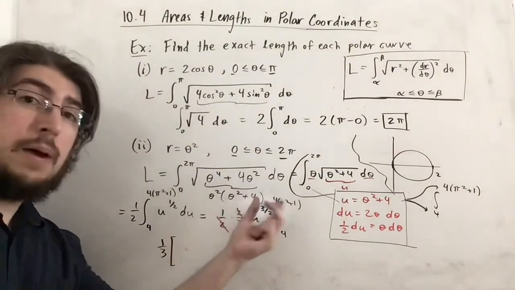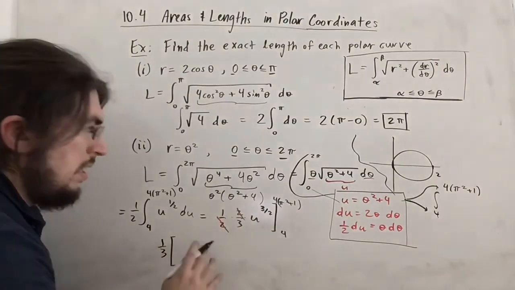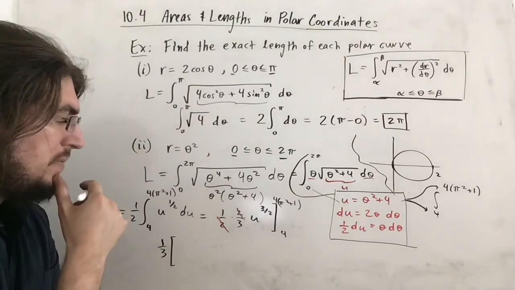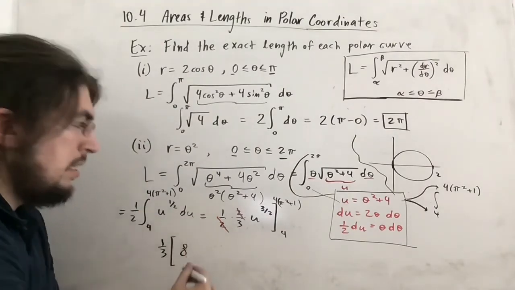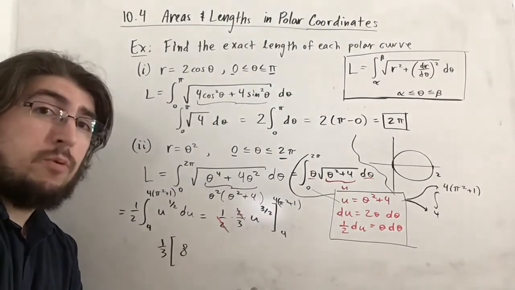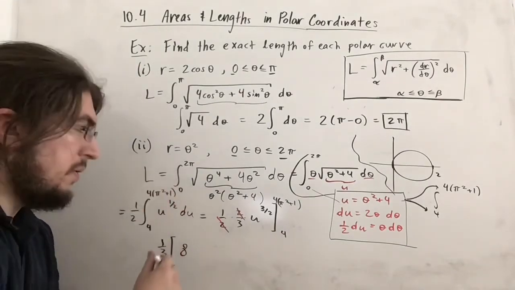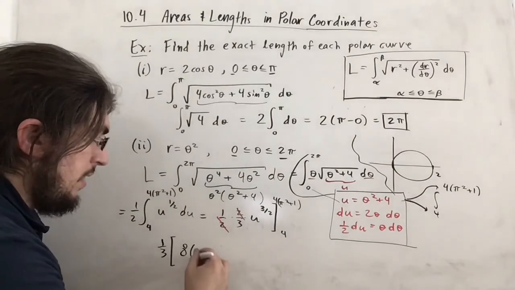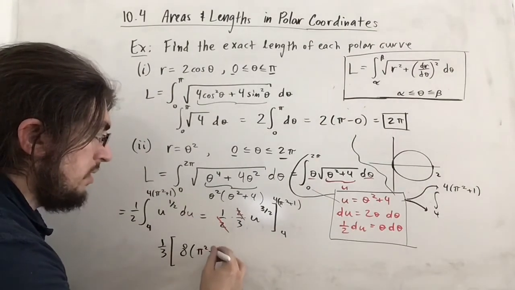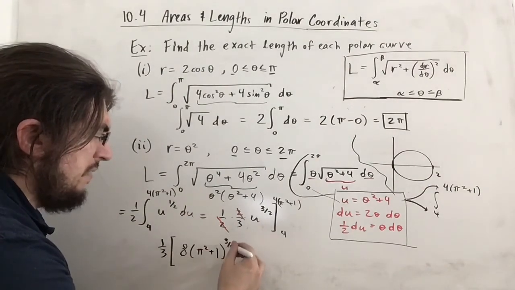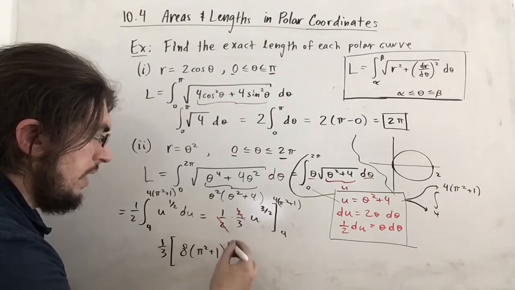So we're going to take the top one to the 3/2. By the way, 4 to the 3/2 is just going to be 8, because 4 to the 1/2 means square root of 4, which is 2, and then 2 to the 3rd is 8. So you can try that on your own, but that's what you'll get. And then times pi squared plus 1 to the 3/2. Let me write it like this.